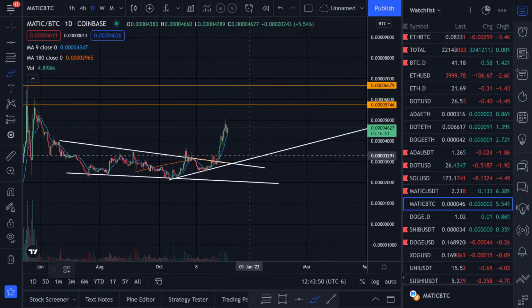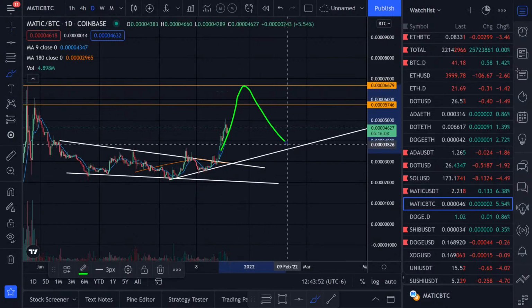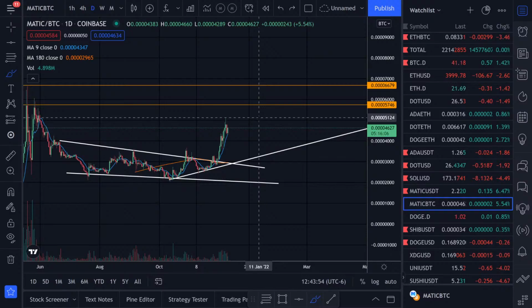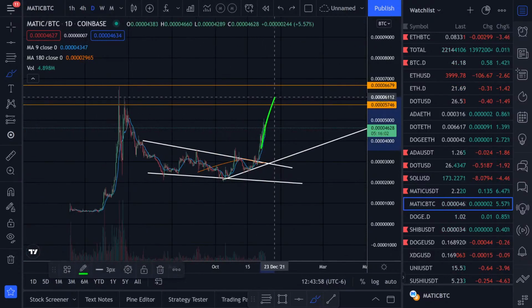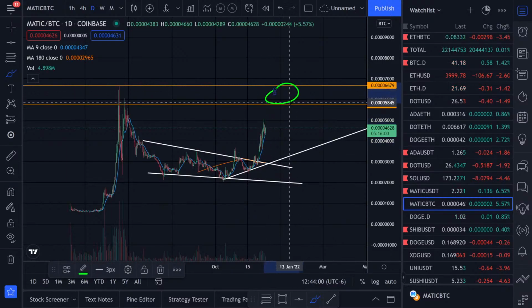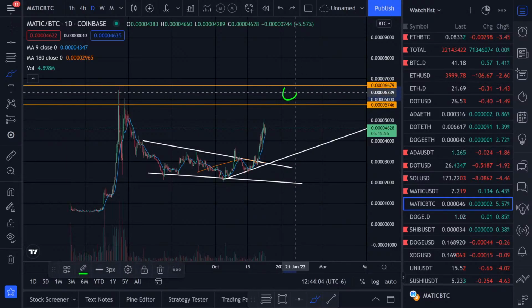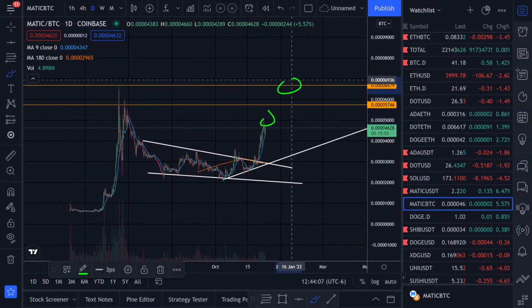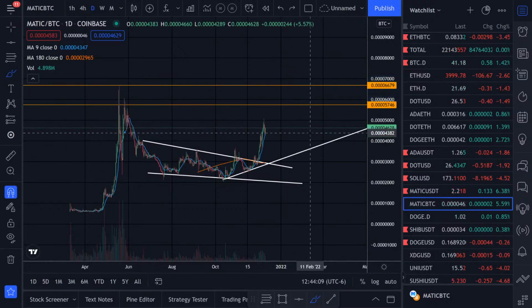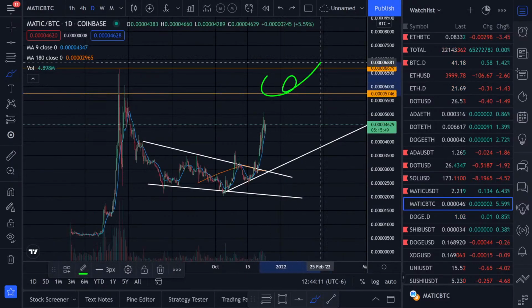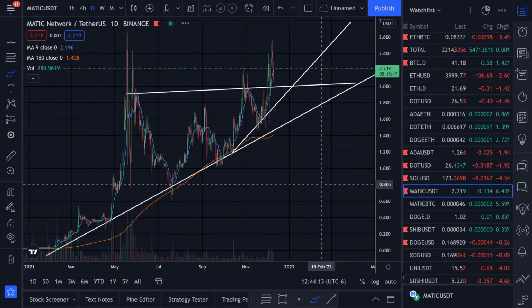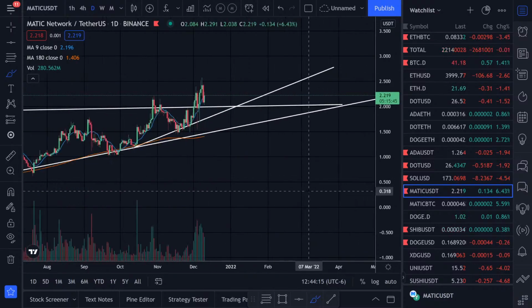Maybe some of the MATIC money might start flowing into Bitcoin, is what I'm speculating, I guess you can say. I think we might want to be looking at these levels up here for some resistance. Bitcoin might start taking over, or some of the MATIC money might start flowing into Bitcoin at this point. Just speculation, but if it passes that, then that'll be better for MATIC, should I say.